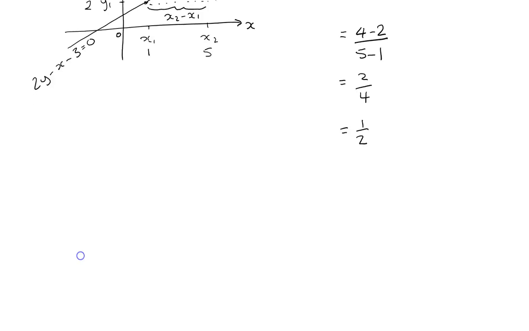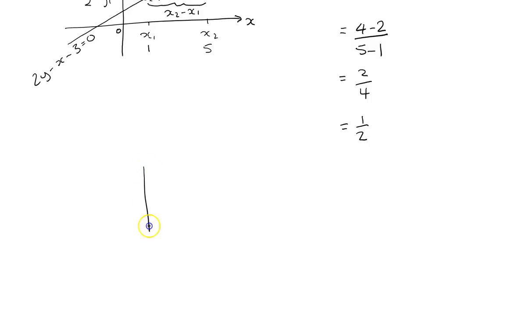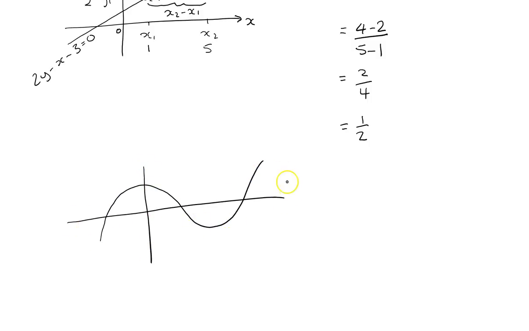Now for a function that's not a straight line, it's not so straightforward. So let me just randomly draw another function. I'm not going to worry about what the equation is for it, but it is a function. Remember, the definition of a function is that for each x value there can only be one y value. Now if I'm to ask you to calculate the gradient of this, it's not so straightforward.